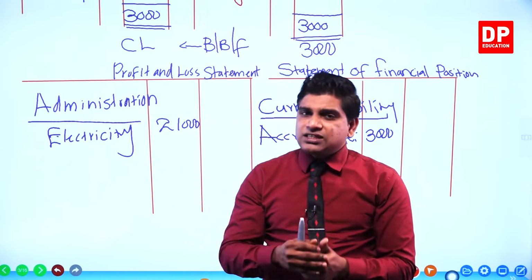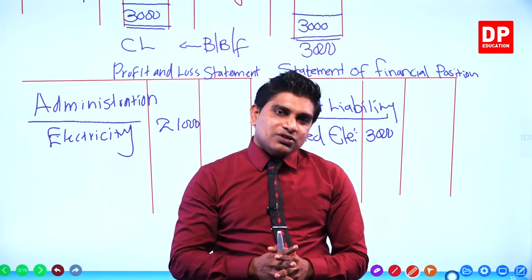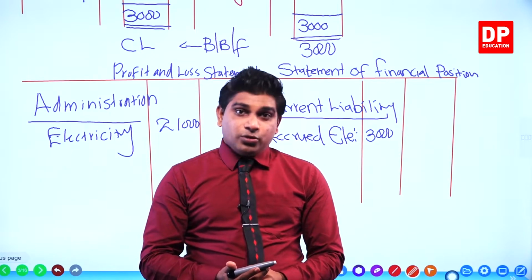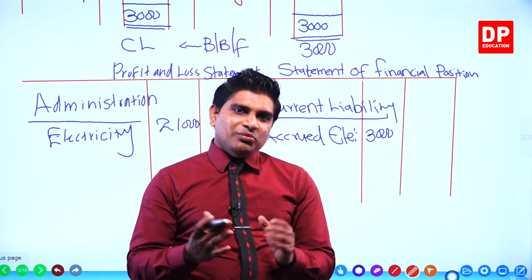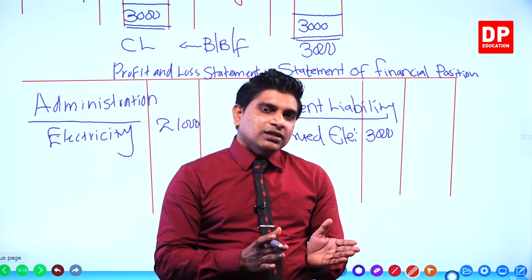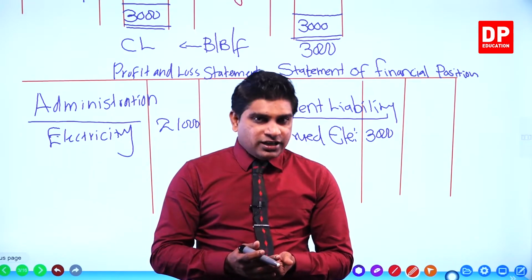After entering the details in the general journal, you have to give the narration also. These are the steps. Now we have done two transactions: how to record adjustments in the general journal and ledger accounts, and how we bring them to the financial statements. Now we move to the next one.